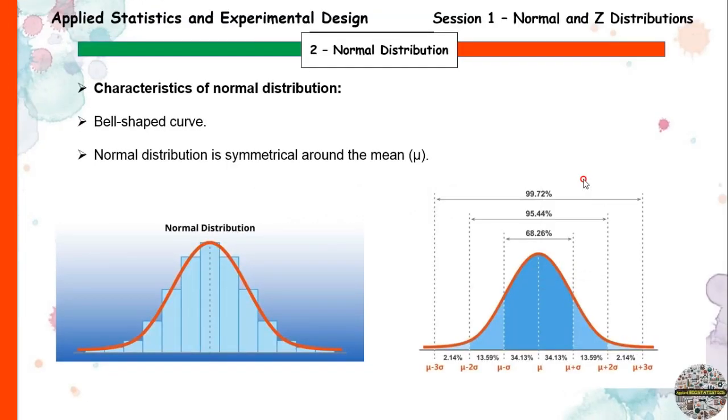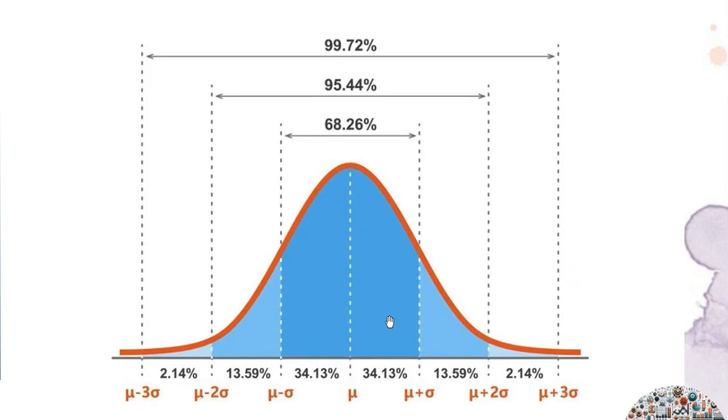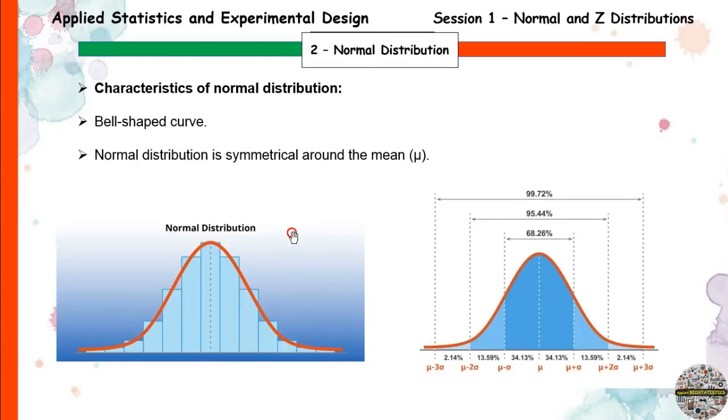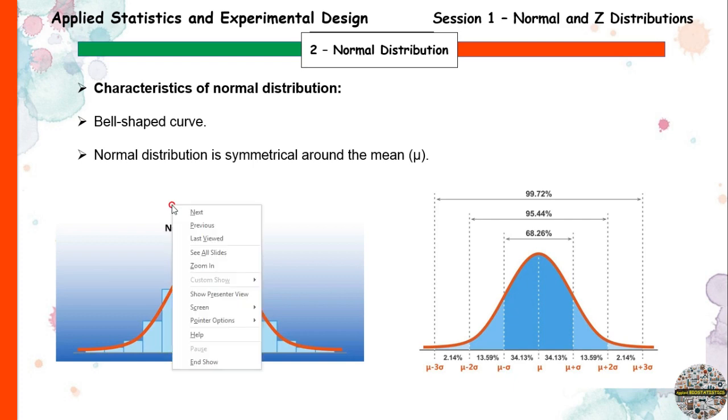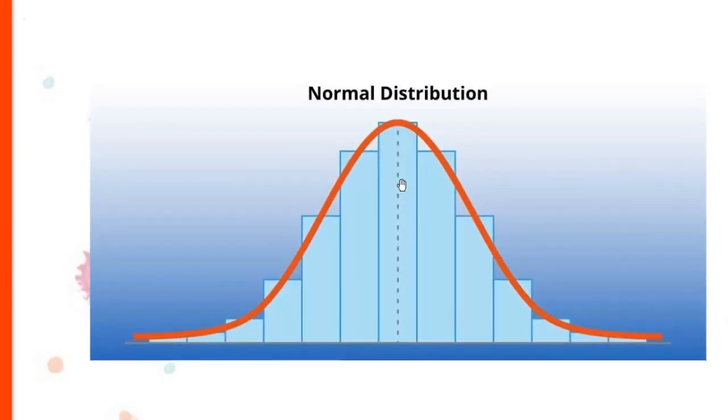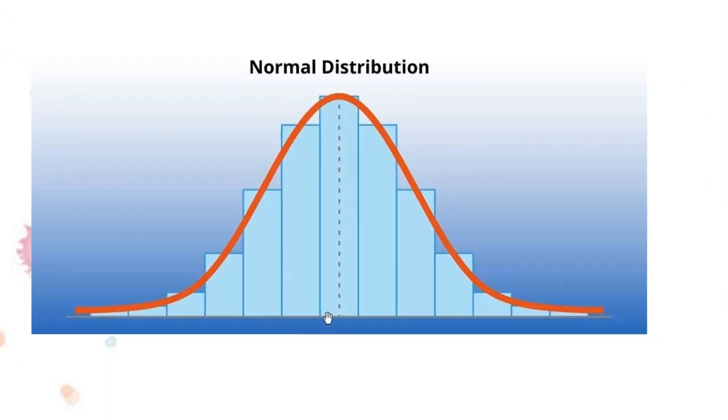And the other important characteristic is that the normal distribution is symmetrical around the mean. It means if you, for example, see this is the mean of our distribution, the left side and right side are symmetrical.